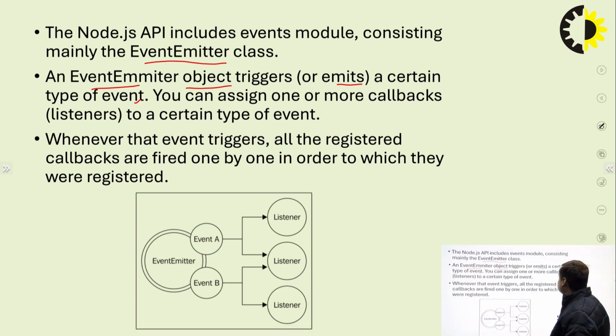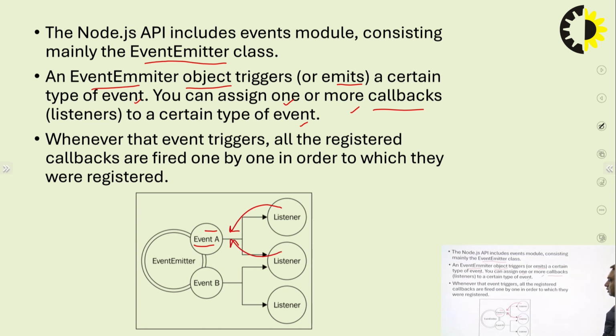When the event is generated, you can attach a callback function. You can attach one callback function, and you can also attach more than one callback function to one event. So it is possible that we have an event A, and many callback functions are attached to it.